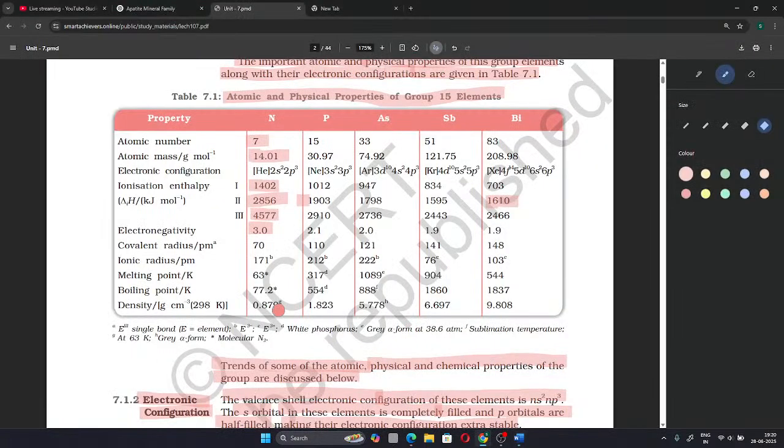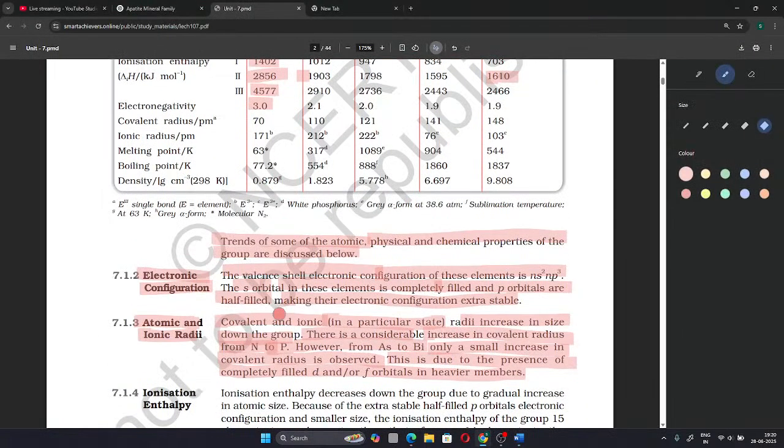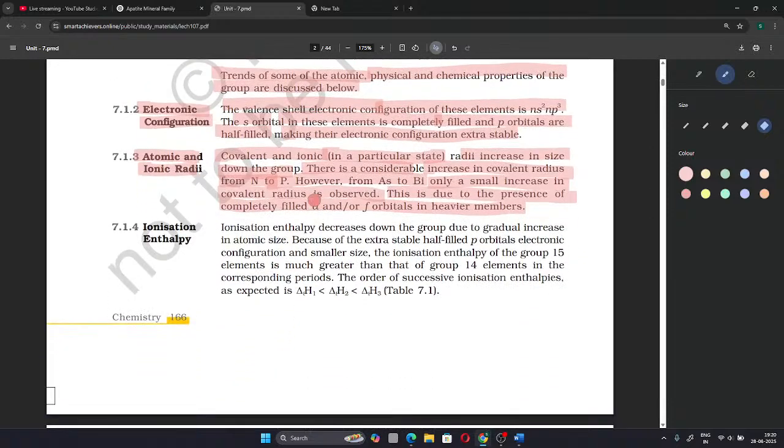As for the ionic radius and covalent radius, they generally increase in size down the group as the number of shells is added. And the next topic being ionization enthalpy.